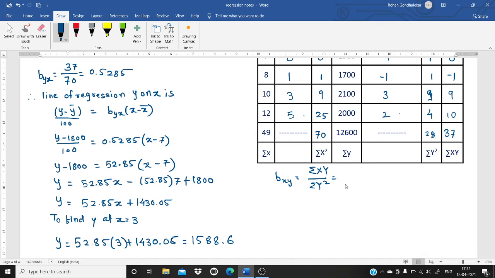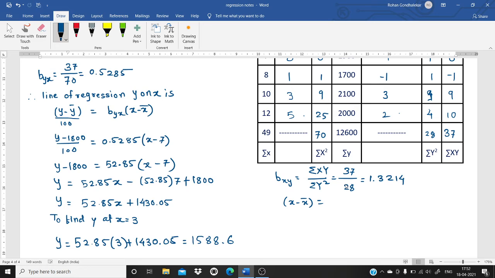So you can remove the column of y square, but it's fine. Again, it is 37 divided by 28. Got it? So hence, how much it is? It is 1.3214.